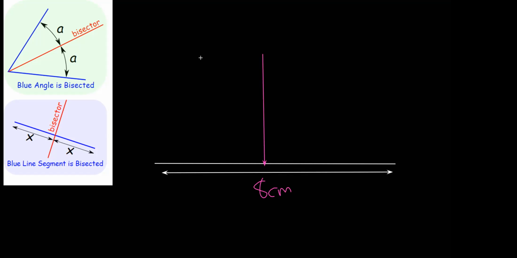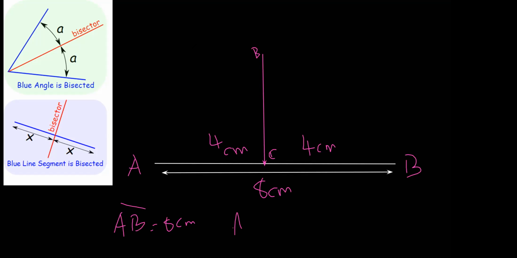This 8 will be 4 here and 4 here. So the length of the line AB is 8 centimeters, and AC will be 4 and CB will be 4 too, because the bisector cuts the line into two equal halves. Is it clear now?